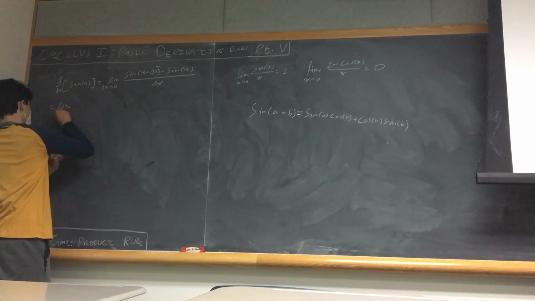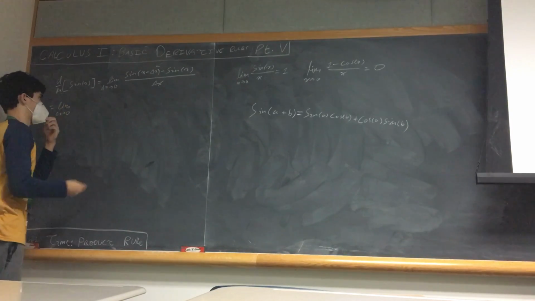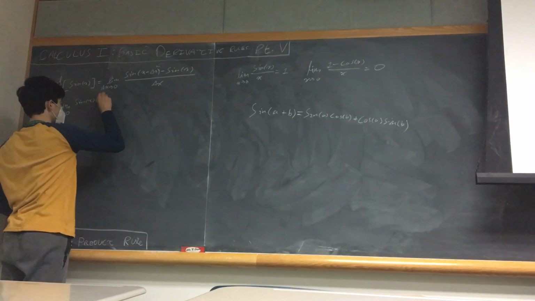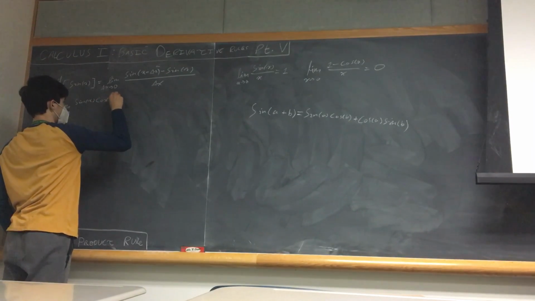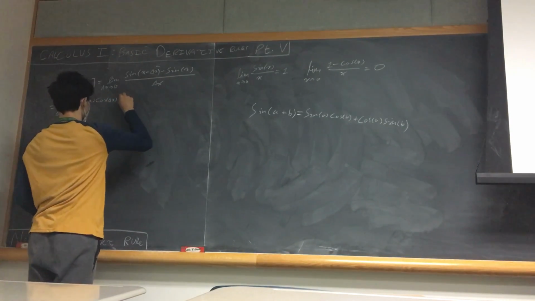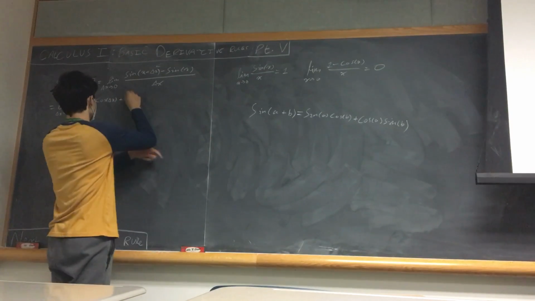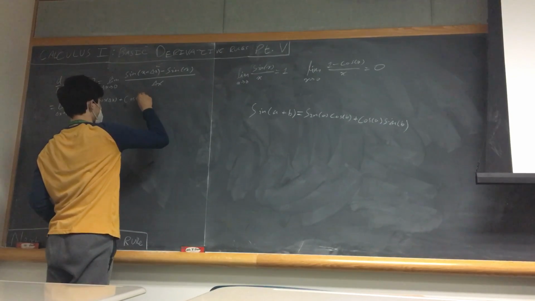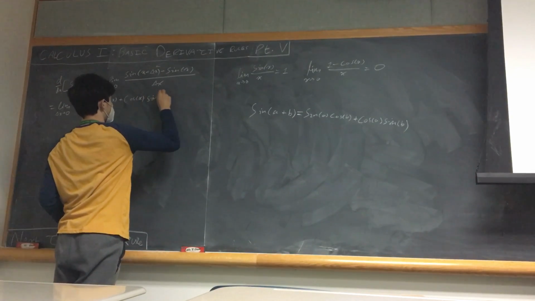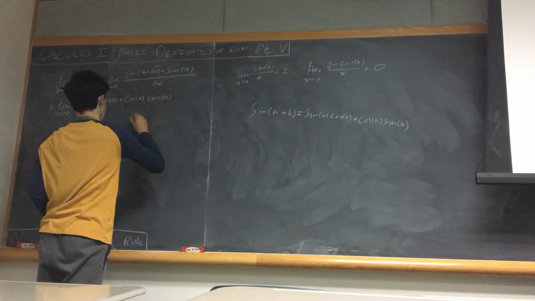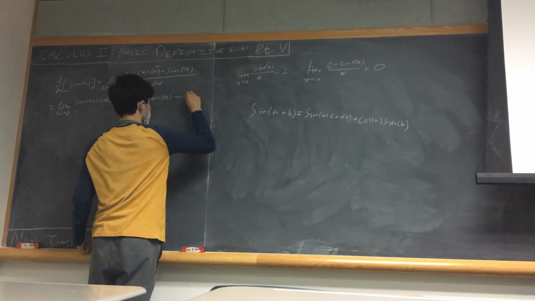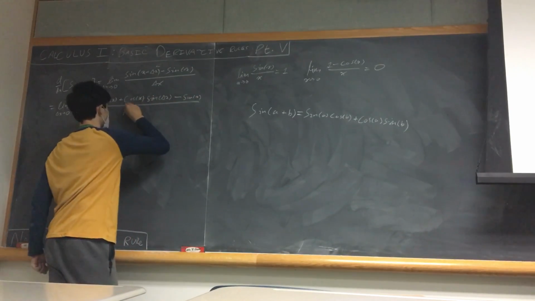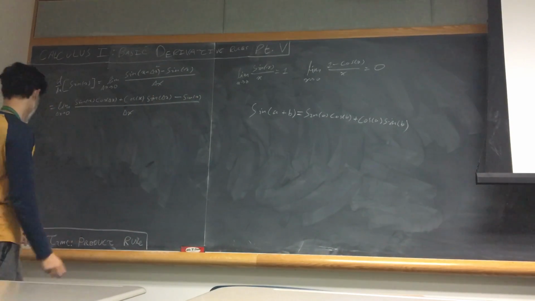When we do that, we get the limit as delta x approaches 0 of sine of x cosine delta x plus cosine of x sine of delta x minus sine of x, all over delta x.